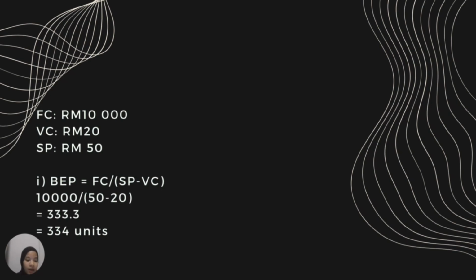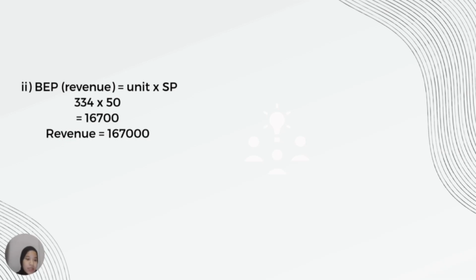So we should do 10,000 divided by 30. So the answer is 333.3, so the final answer is 334 units.